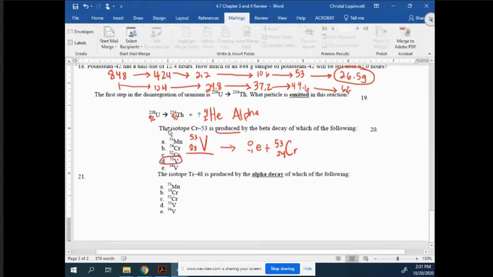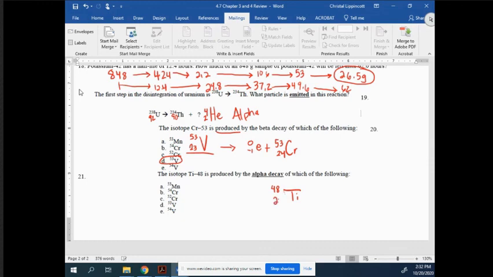And our last problem here on our homework, titanium 48 is getting produced by alpha decay. So titanium, it's 48. Need to look up the number on the periodic table for that. And it is number 22. So number 22, we went down for alpha decay.